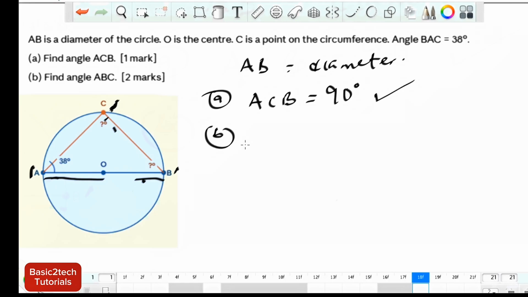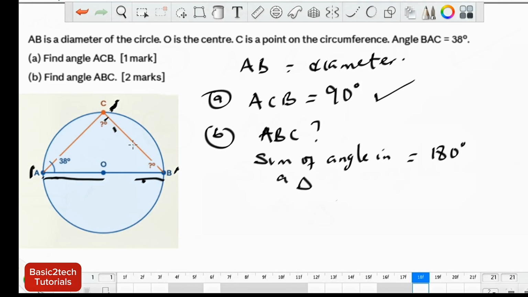Now we need to find angle ABC. Now remember that ACB is a triangle, and the sum of angles in a triangle is equal to 180 degrees.